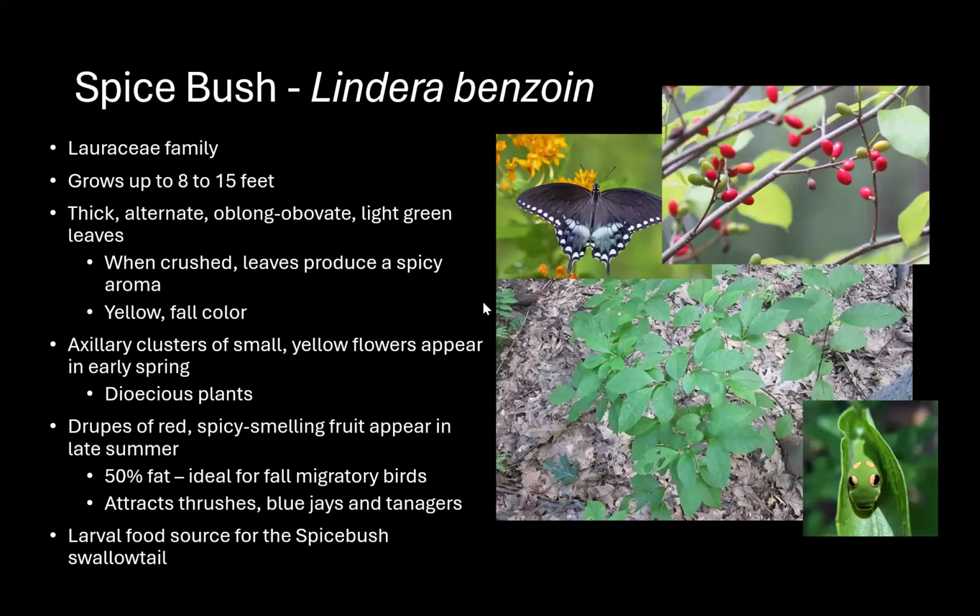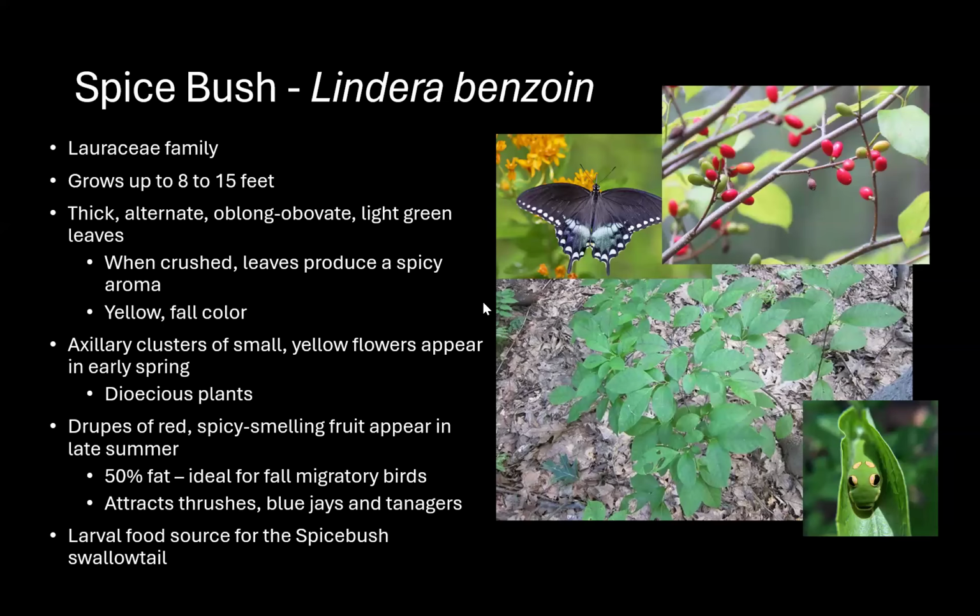And then, of course, putting birds aside, it's a good larval food source for our spice bush swallowtail, where it gets its name. And then it gets a cute little caterpillar. Look at that little guy. He's so cute. I love caterpillars. I think they're adorable, especially this guy, because it looks like he has those big eyes, but they're not real eyes.